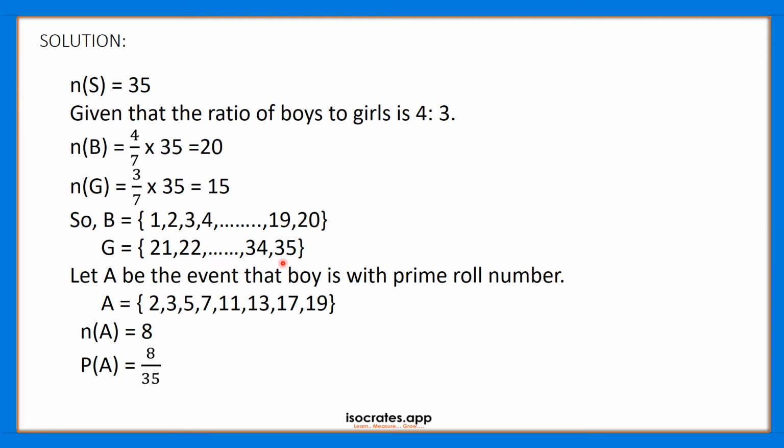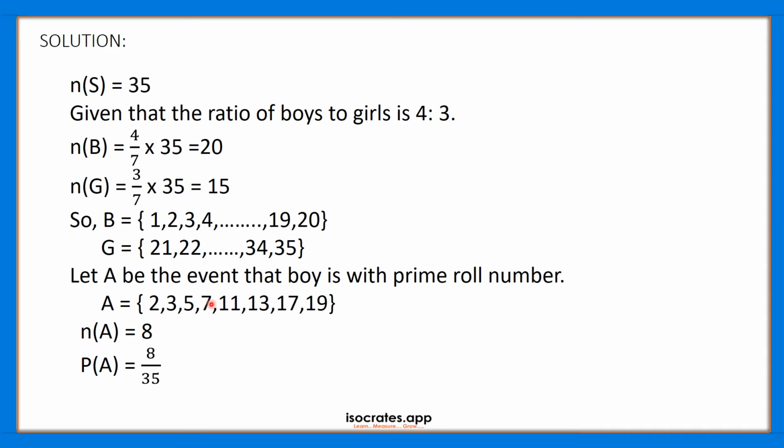Let A be the event that the boy is with the prime roll number. We need to find the probability of A. So from 1, 2, 3, 4, etc. up to 20, we need to find the event A. So A is equal to 2, 3, 5, 7, 11, 13, 17 and 19.